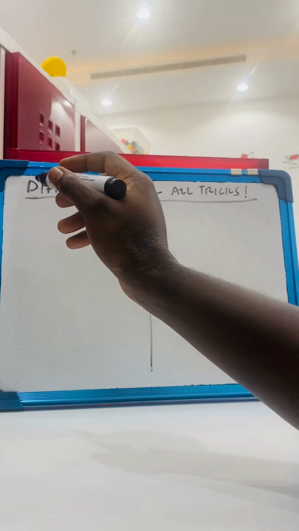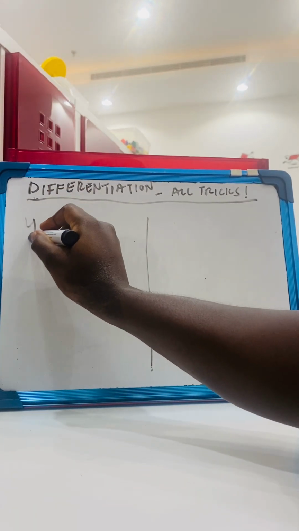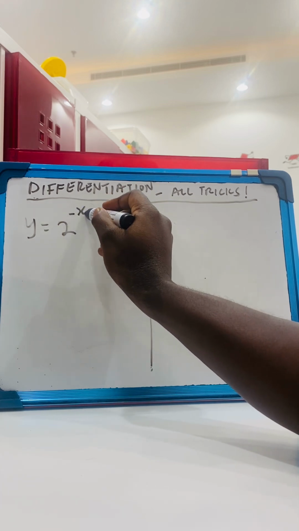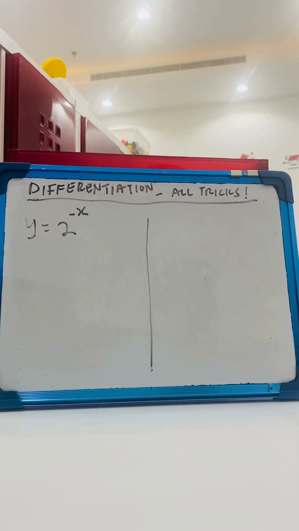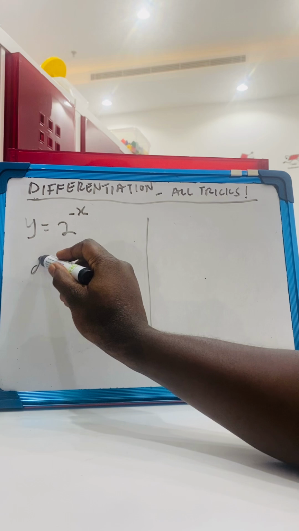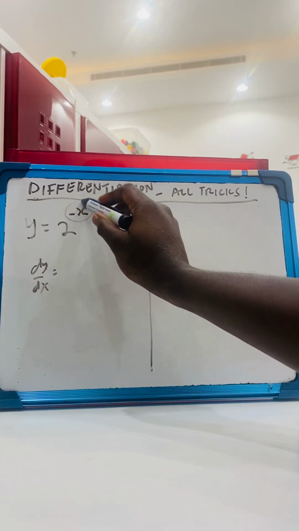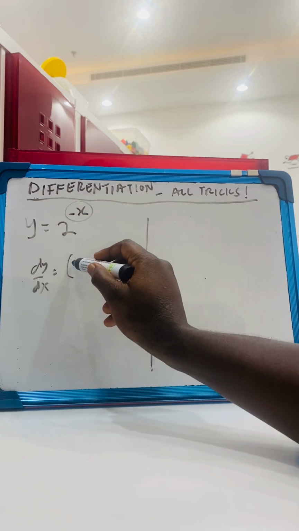Let's say I have y equals 2 to the power negative x, a number that has a function as a power. If I need dy dx, it says derive what's here. If I derive negative x, I have negative 1.